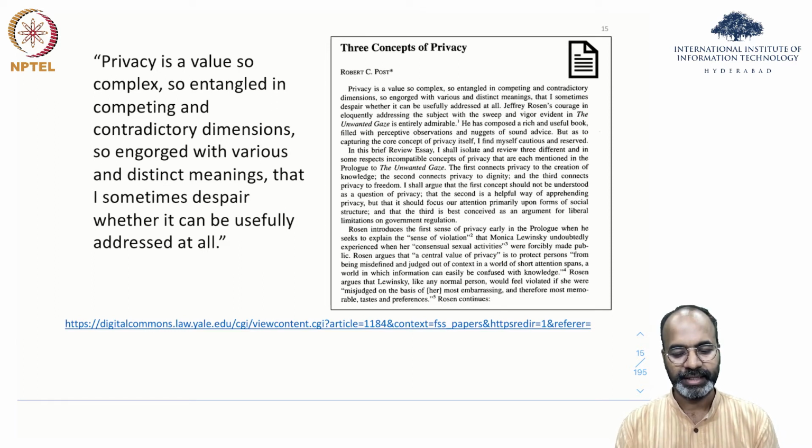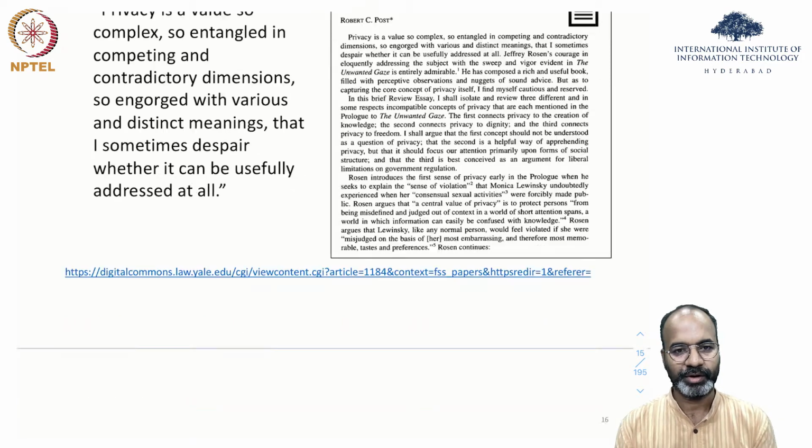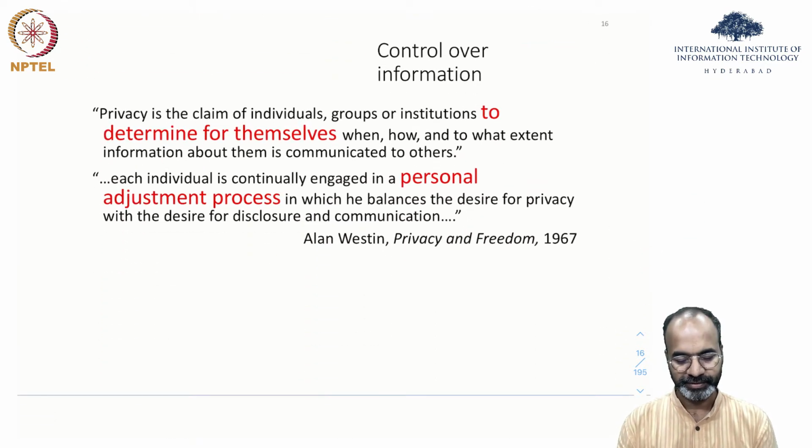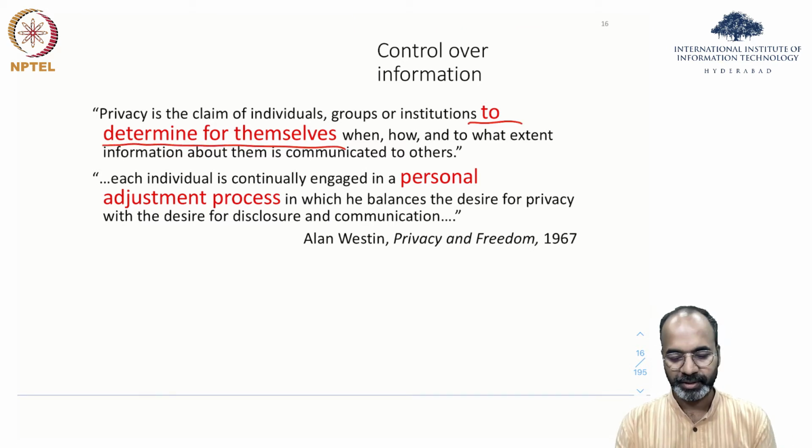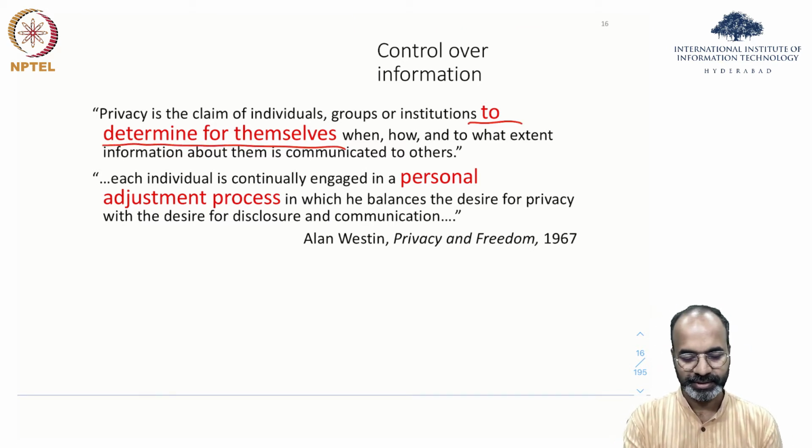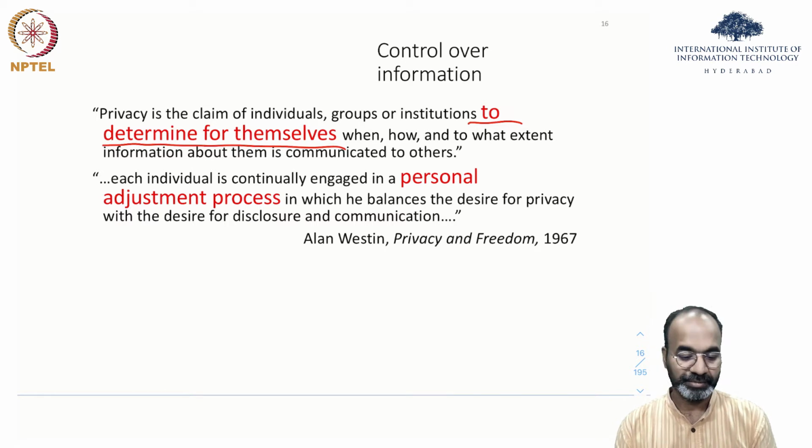That's one of the ways by which privacy was looked at. Another common definition is the ability to determine for themselves when, how, and to what extent information about them is communicated to others.